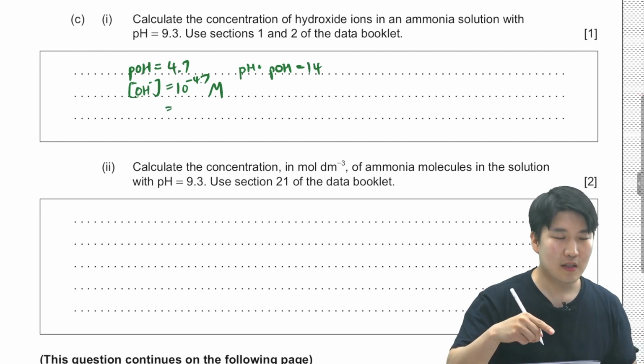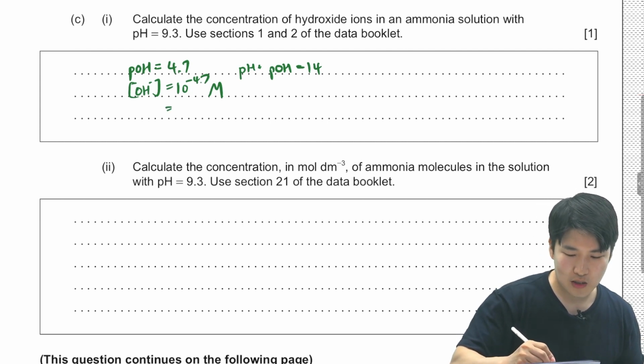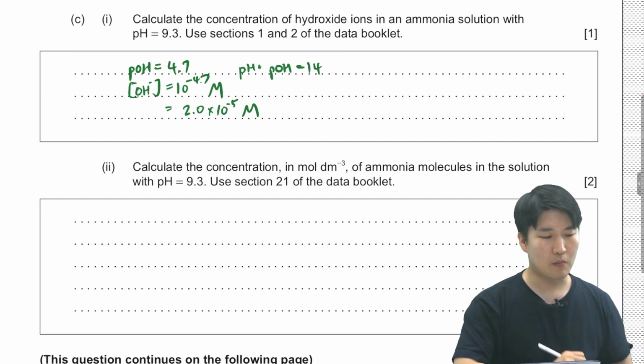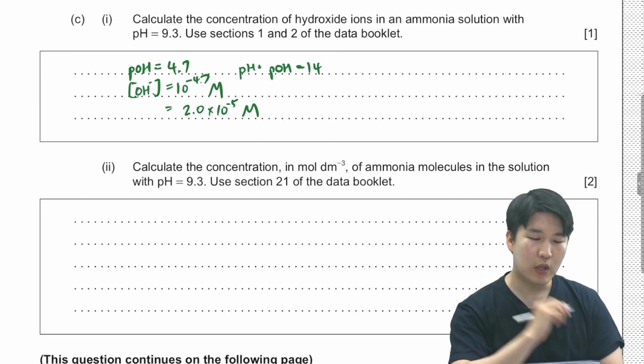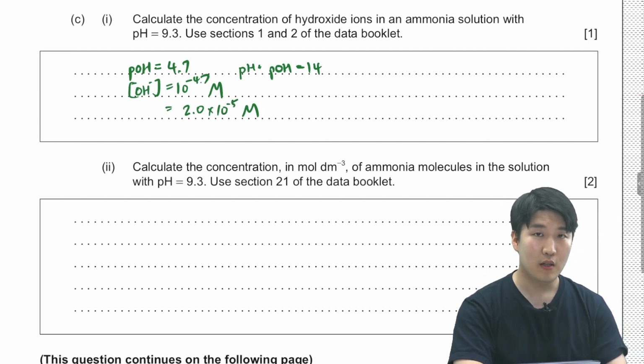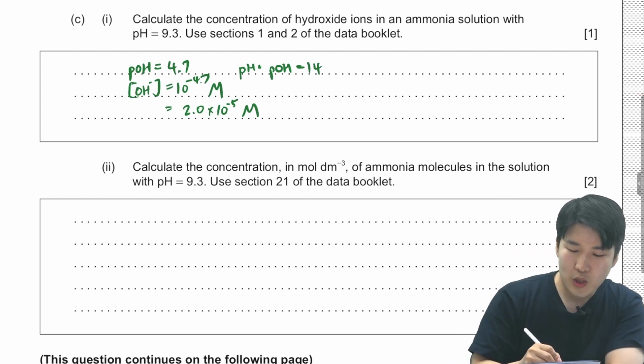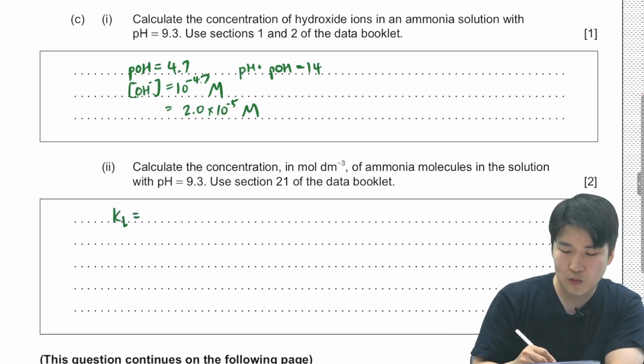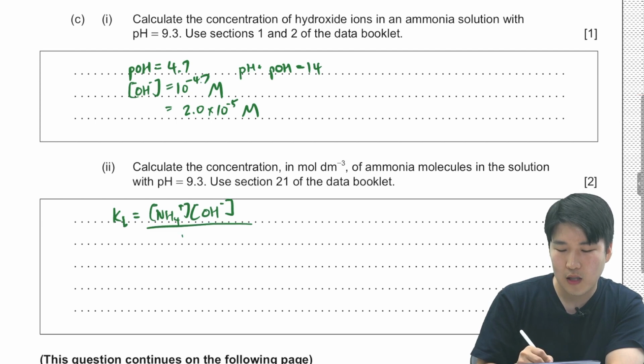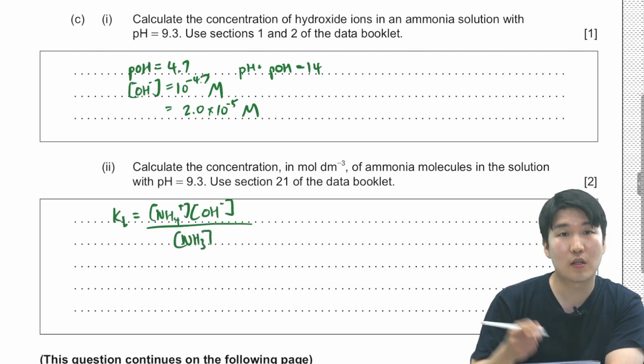We still need to calculate this. So if we do the calculation, this would equal to 2.0 times 10 to minus 5 mole. So if the pH is 9.3, what's the concentration of ammonia in that solution? We will be using the expression Kb equals to NH4 plus concentration times OH minus concentration over NH3 concentration expression.